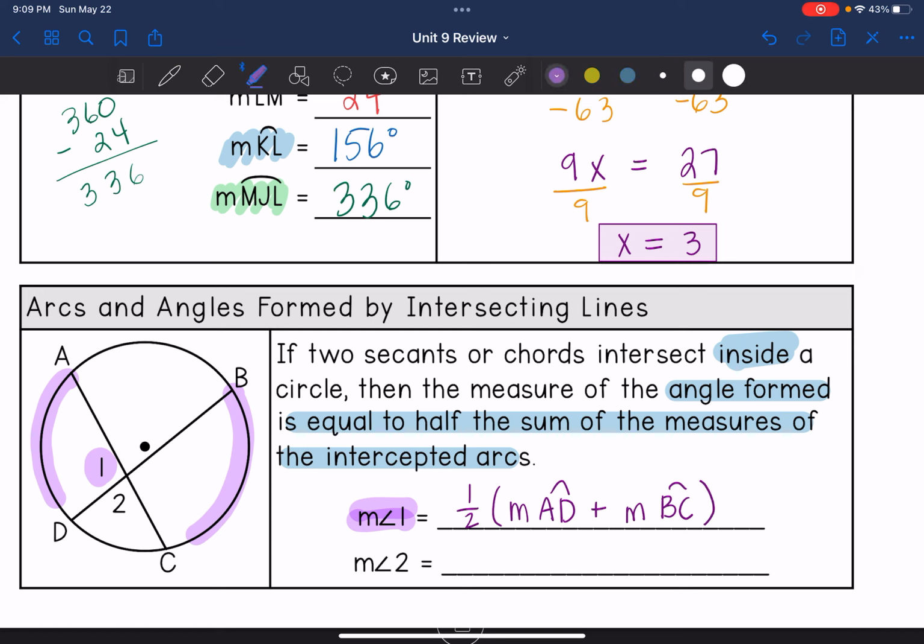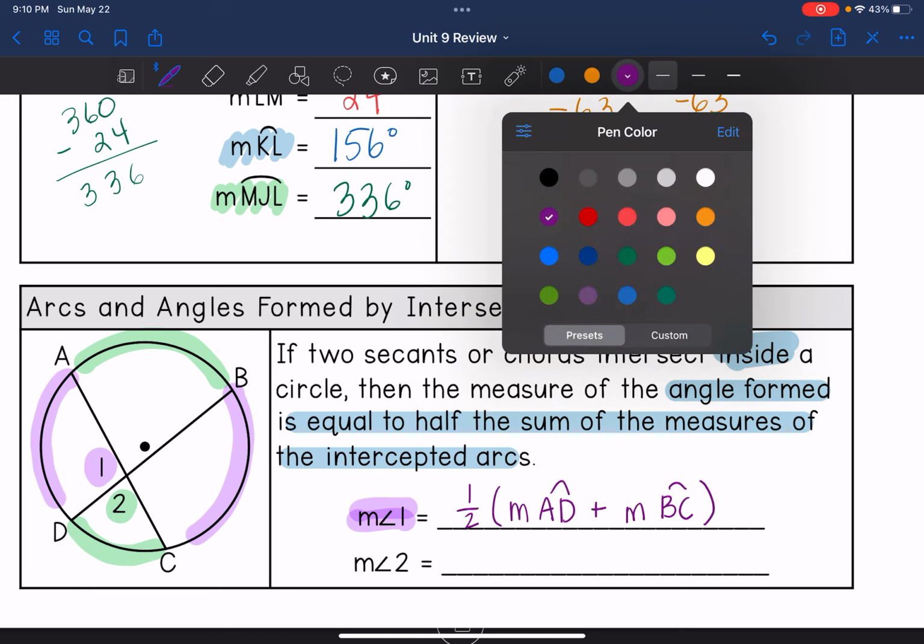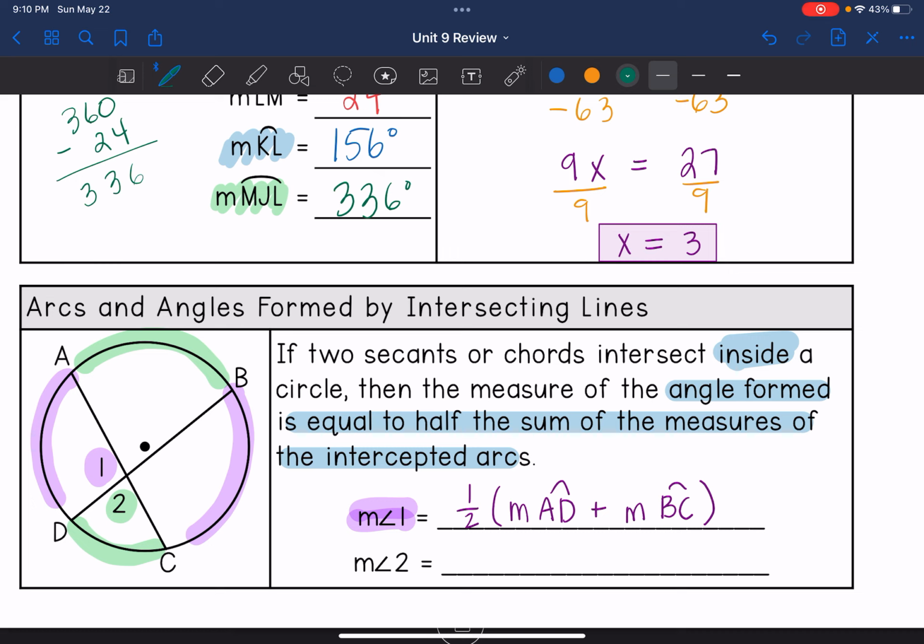Okay, the other angle that's here in the picture is angle 2. And same thing, you have to look at the correct arcs. So they all have to line up. So the measure of angle 2 is equal to 1/2 the measure of arc AB plus the measure of arc CD.